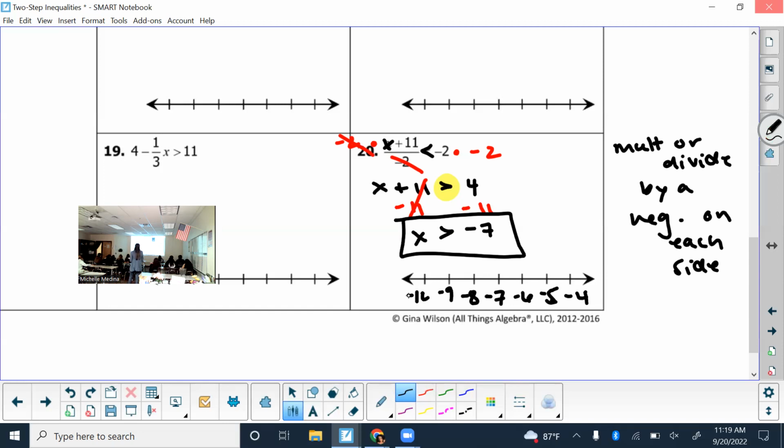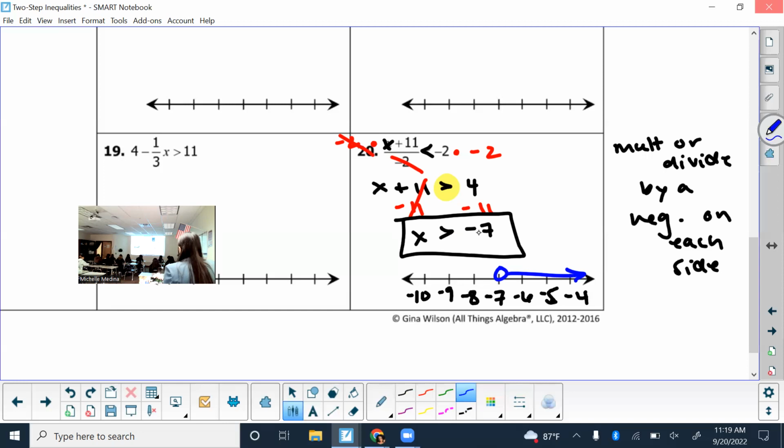And then -10. Open or closed circle on the -7? Good. And should it face the left or the right if X is greater? To the right. All right. And then plug in just to kind of see -4 is greater than -7. So we have the correct graph.